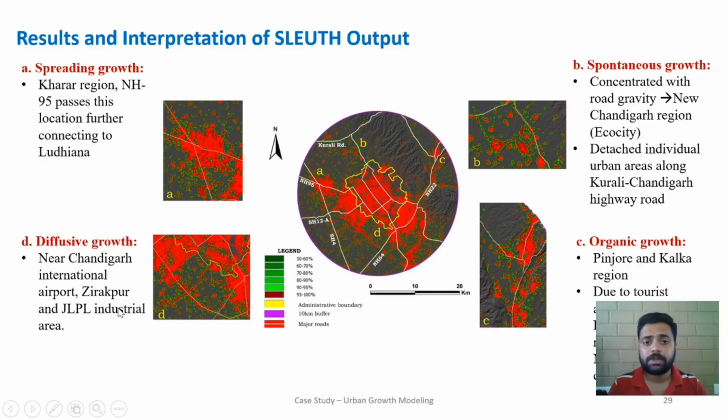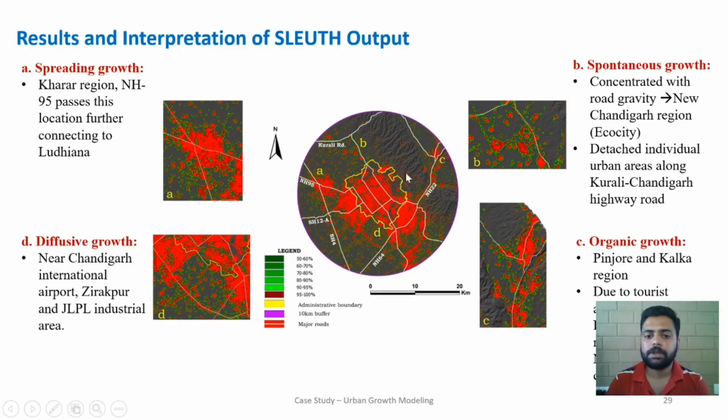Why does diffuse growth happen near an industrial area? Because once you set up the industries, suddenly there is a growth of urban or residential region surrounding the industrial area. This is very sudden because it was not planned earlier. Since the industry came, the residential areas are also coming up. So that is called diffusive growth. Then you have something called spontaneous growth in the northern part of Chandigarh, which connects to the Kurali region.